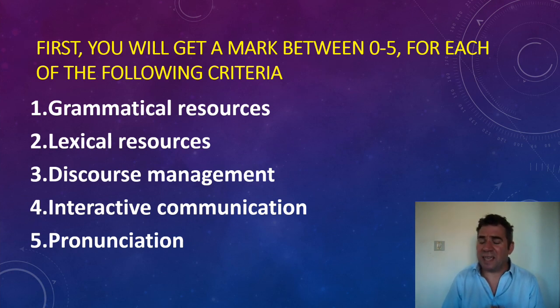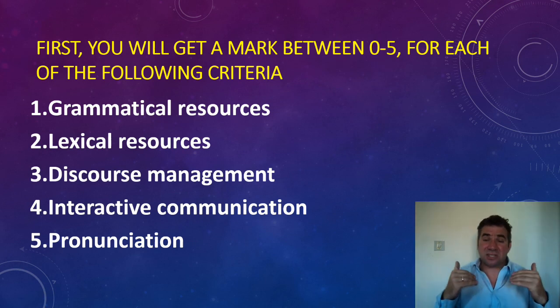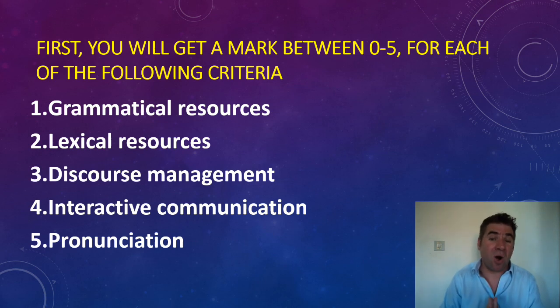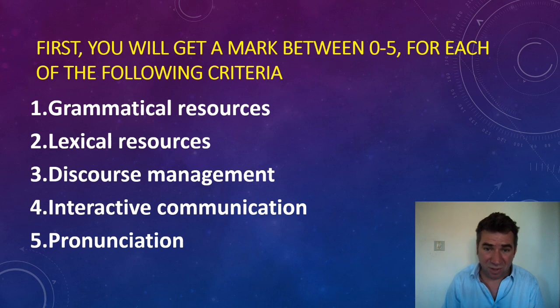So let's have a little look here. Let's say there is a student. Incidentally, I'll also point out, although in Cambridge exams there are 2 candidates, it doesn't really matter. You are marked individually. It doesn't matter whether the other person is better than you, worse than you, whether you know them or you don't know them. This rarely has any bearing on the situation, apart from the fact it might make you feel a little bit better.